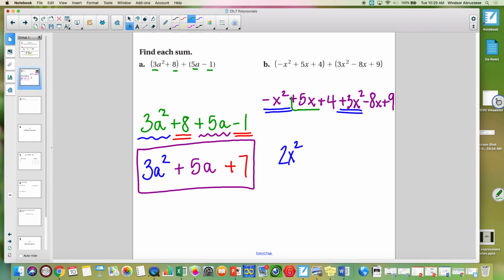I have a positive 5x minus 8x is minus 3x. I have a plus 4 and a plus 9 is plus 13. And that is the sum of the 2 polynomials. Again, it's in descending order, and all I have to do is combine the like terms.